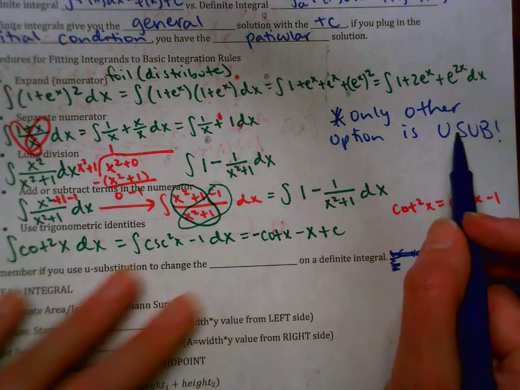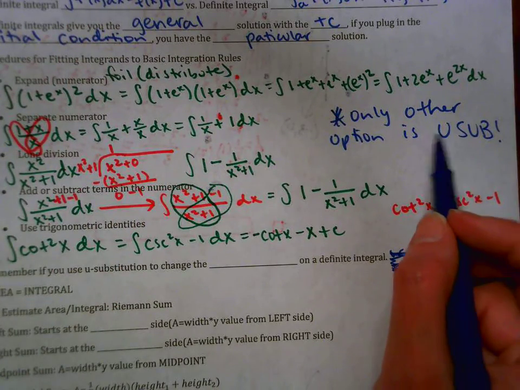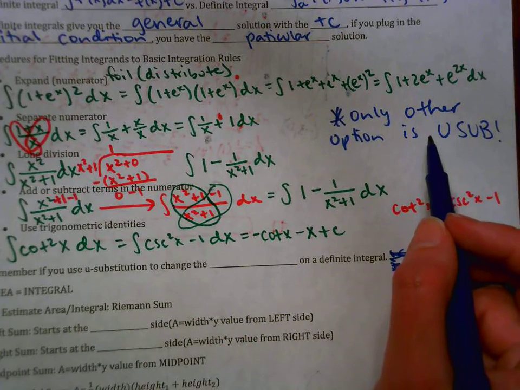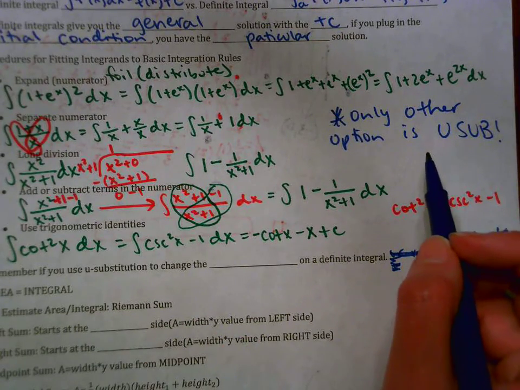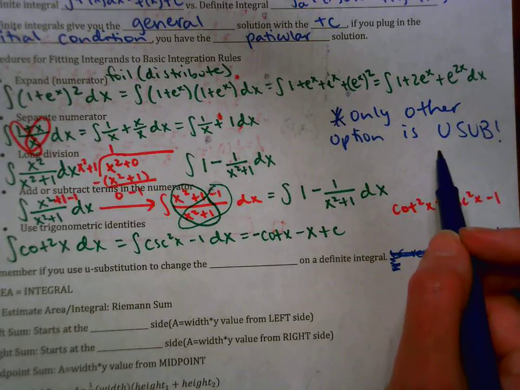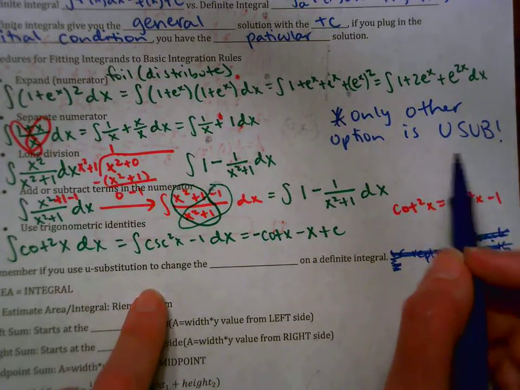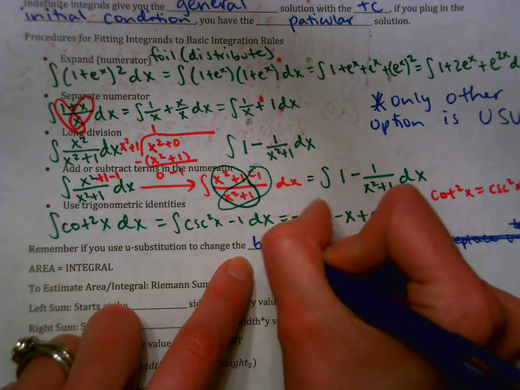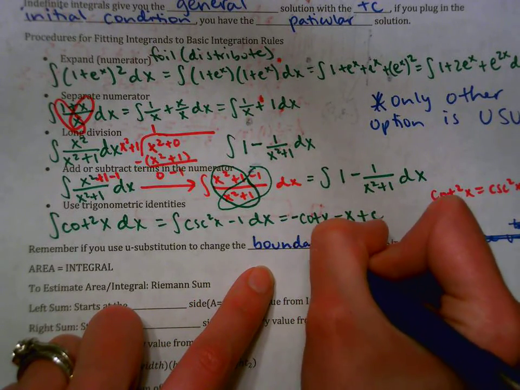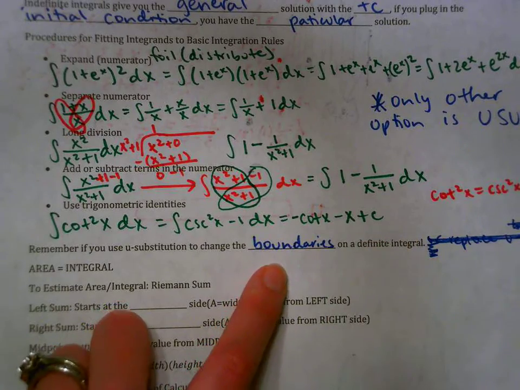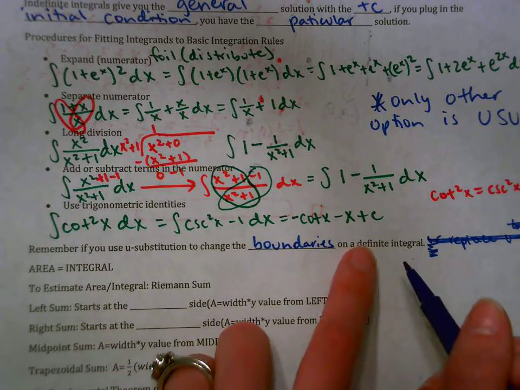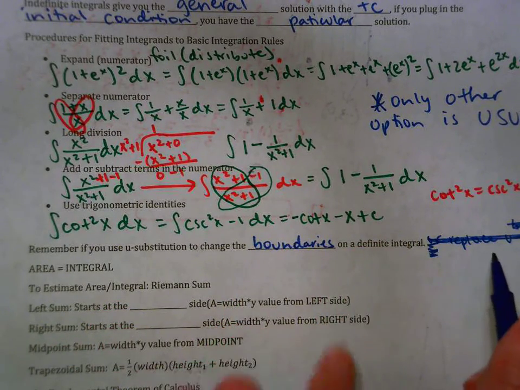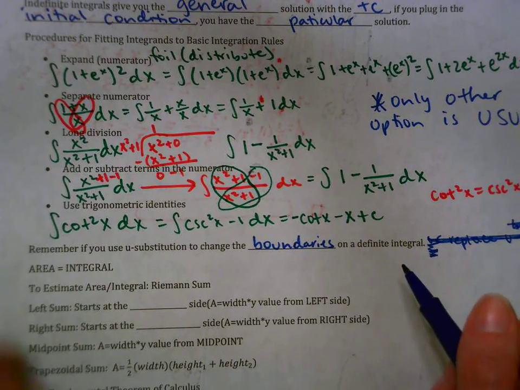I'm not going to really go over the full u substitution, but that's where you pick your u, the inside, take your du, and then get it all in terms of u, integrate it, and then replace your stuff back. And so remember, if you're using u substitution, you need to either change the boundaries on a definite integral, or you need to make sure you replace u with x before you plug them back in.